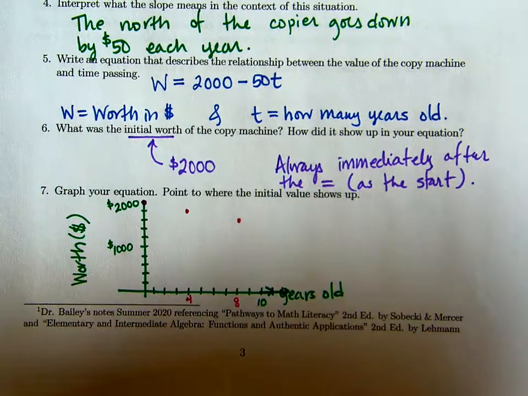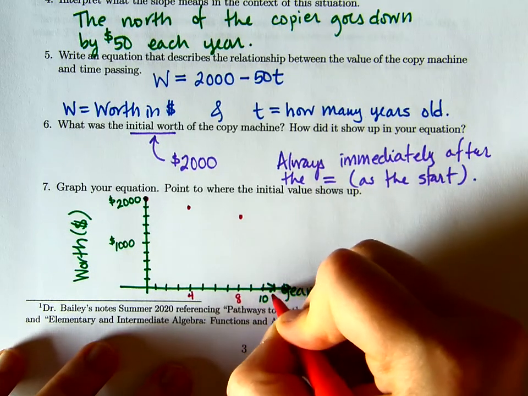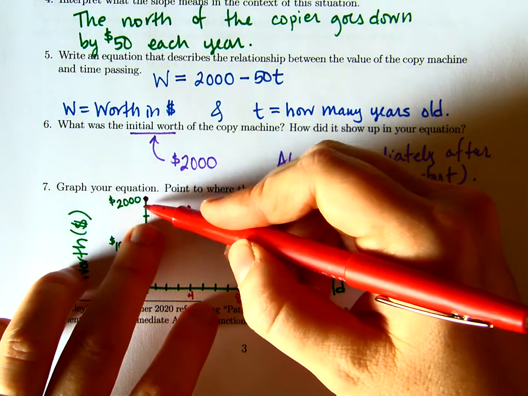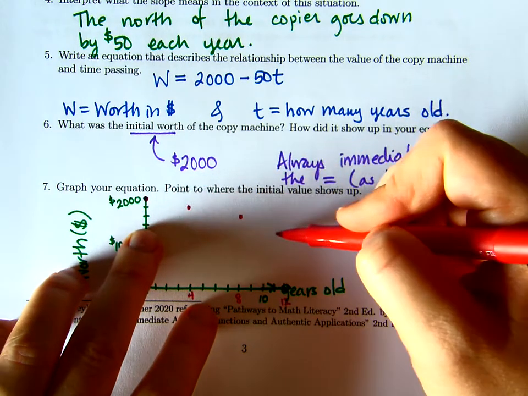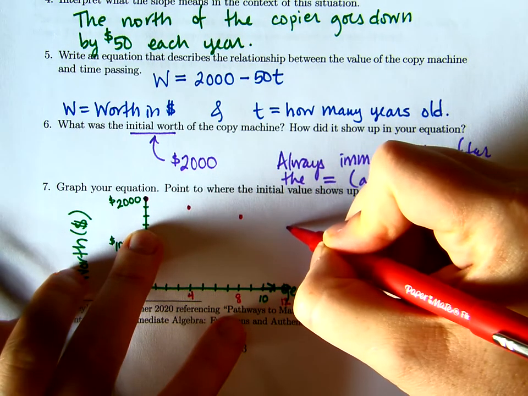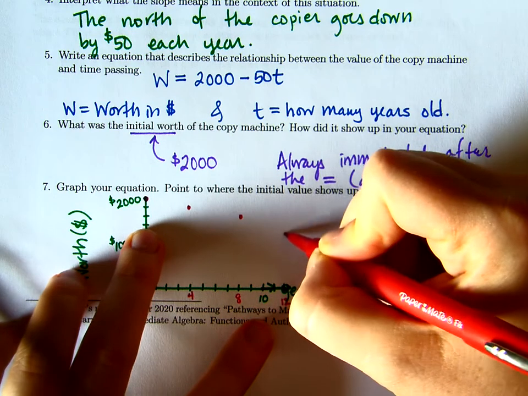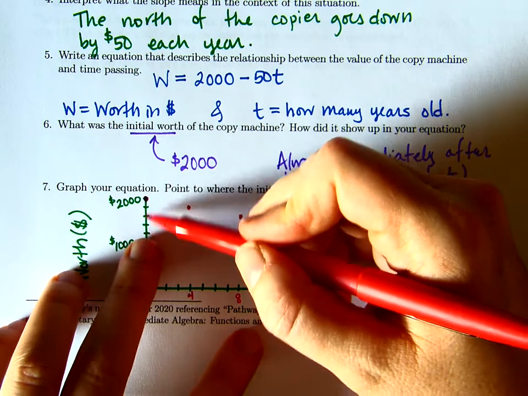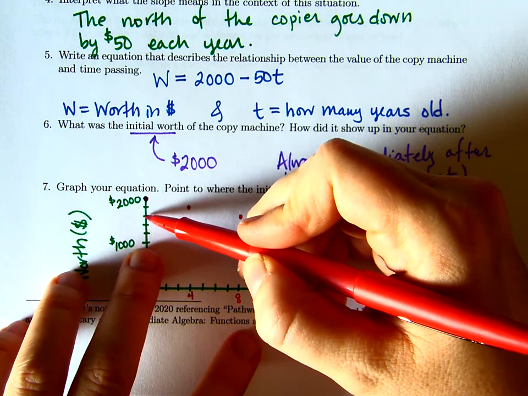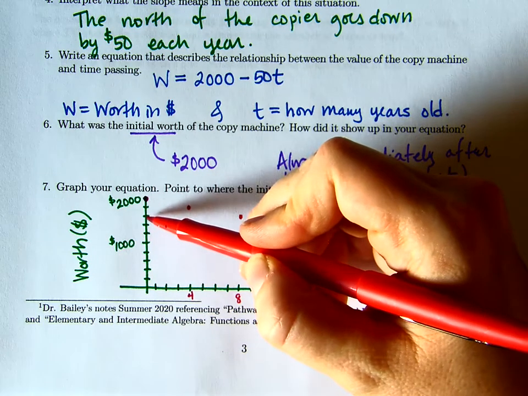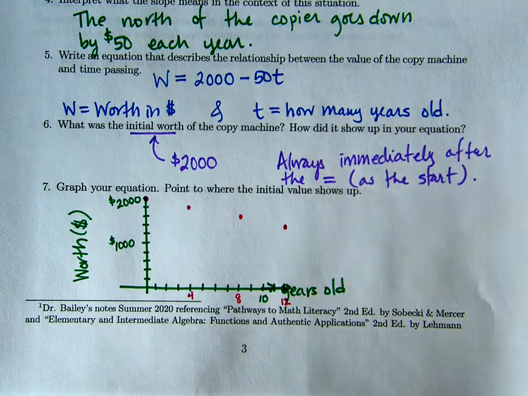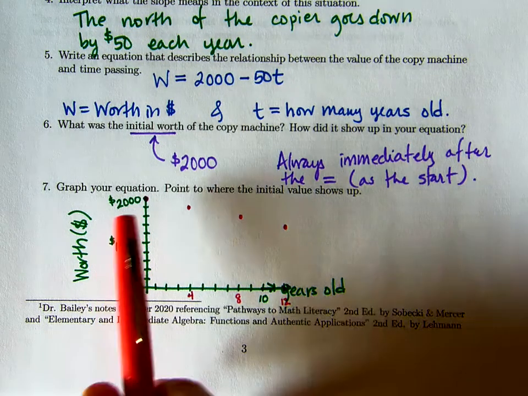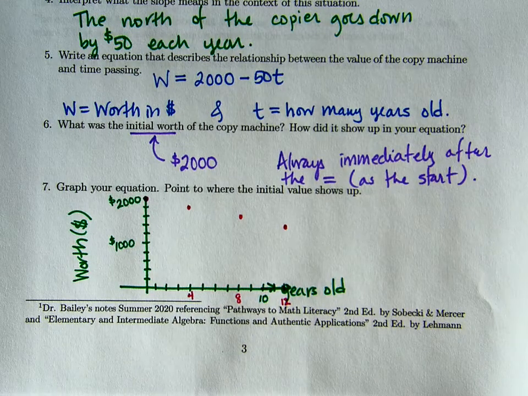Okay, I'll label that with a 12, and let's see, 200, 200 more, and then 200 more. Okay, so after 12 years, what are we at? So that would be 1,800, 1,600, and that would be 1,400, etc. Okay, so here is the graph of what's happening.